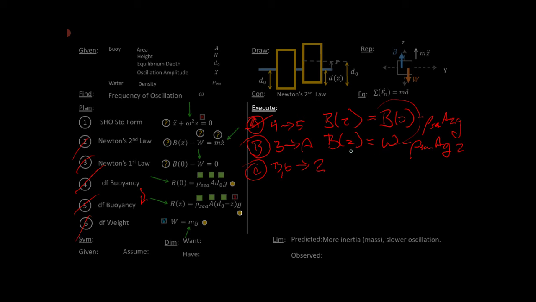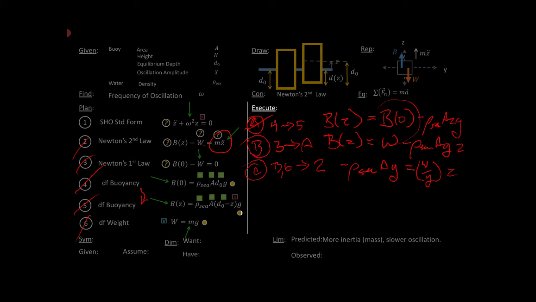And let's see, 6 is this mg thing, so that's going to go over here in the mz double dot. And the b part here will substitute in the bz, so we have a w minus a w, so we only end up with this part, so we have minus ρsea ag is equal to m, which is w over g, times z double dot.